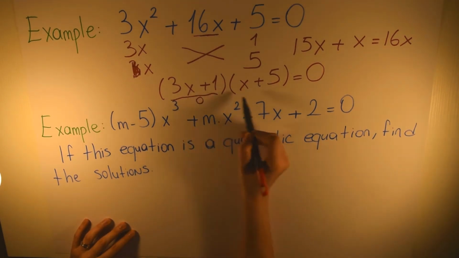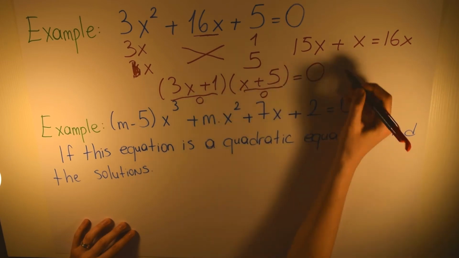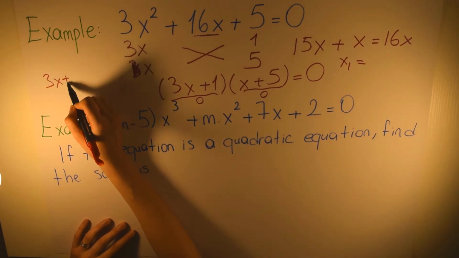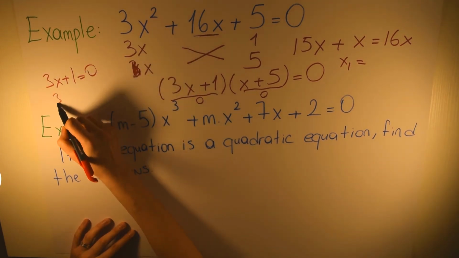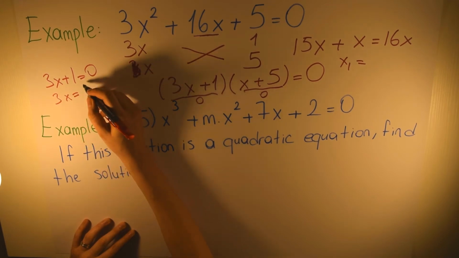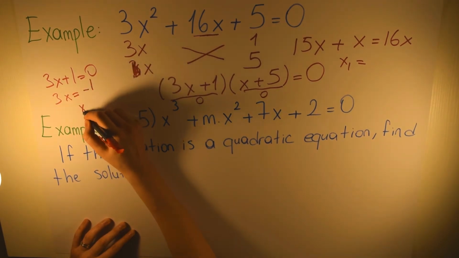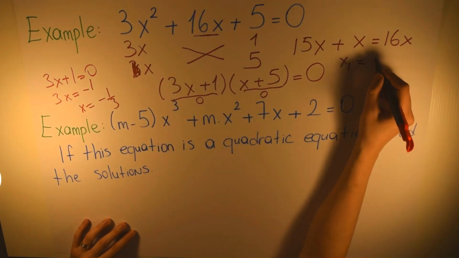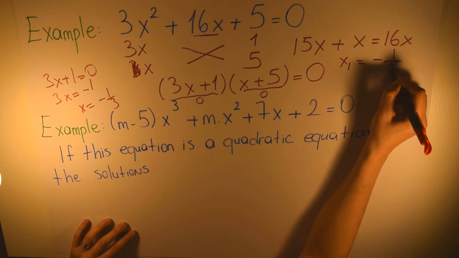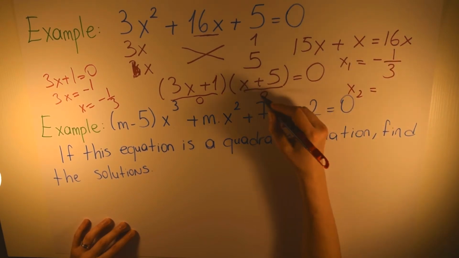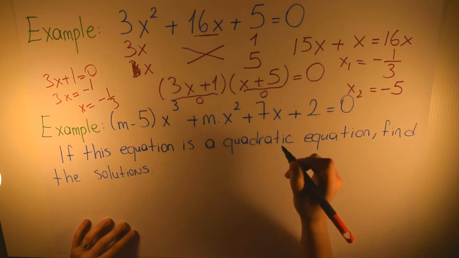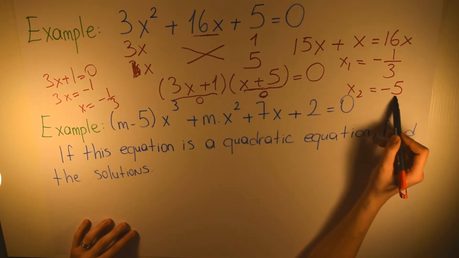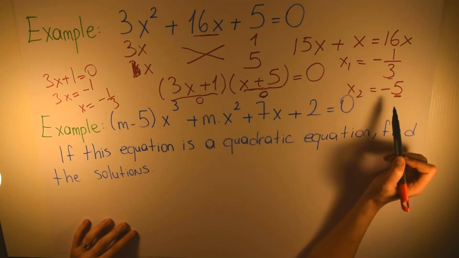I make them equal to 0, and from here I get x1. 3x plus 1 is equal to 0, 3x is equal to minus 1, and x is equal to minus 1 over 3. So our first solution is minus 1 over 3, and our second solution is minus 5, right? When you equal this to 0, you will get x as minus 5. So these two are our solutions.